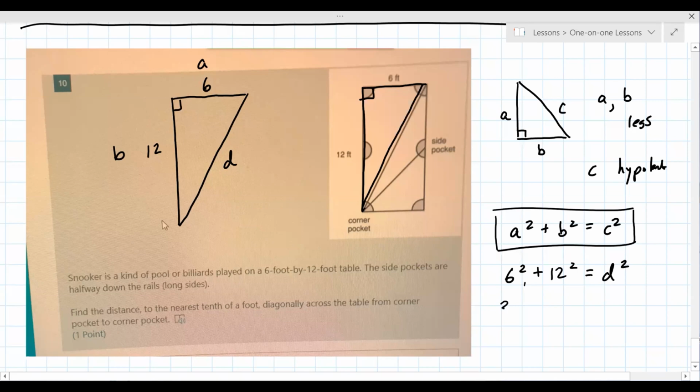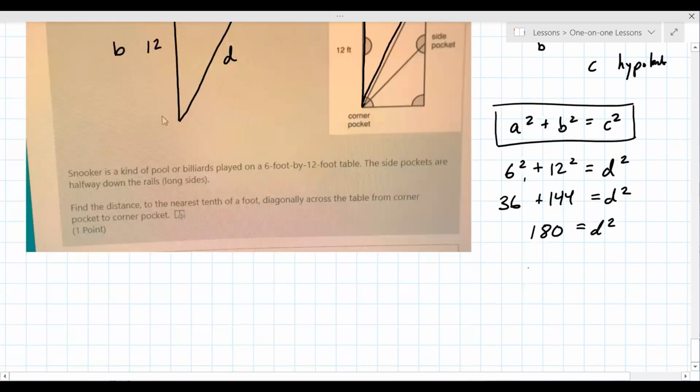So 6 squared is 36, 12 squared is 144, 36 plus 144 is 180. If you take the square root of both sides, you get D equals the square root of 180. And we'll put that into a calculator. Get 13.4.